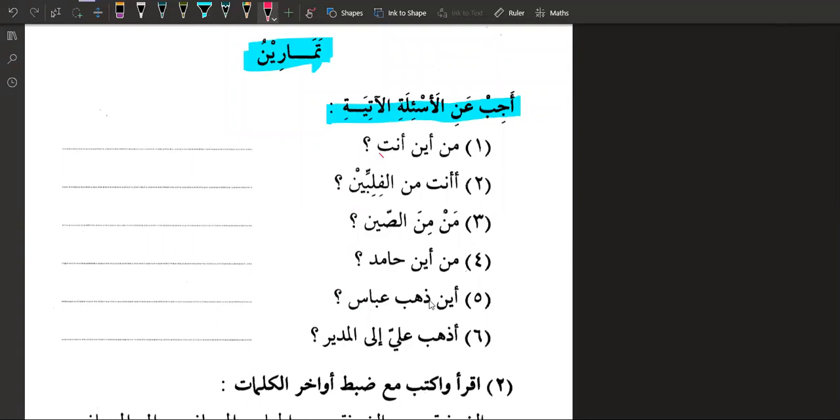So أسئلة, as we mentioned, is the plural of the word سؤال, which means a question, and آتية means following. So remember, أجب is a verb as well, but we say a فعل أمر. It's an order. And as we mentioned earlier, it is also a preposition. That's why these words take a kasra.